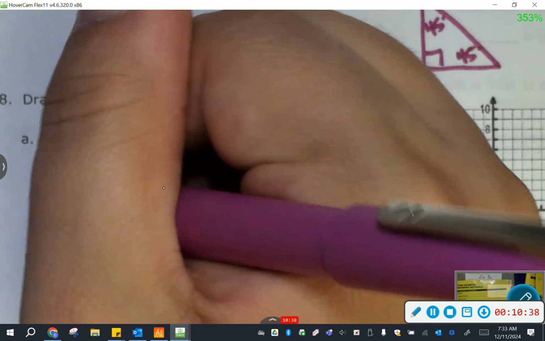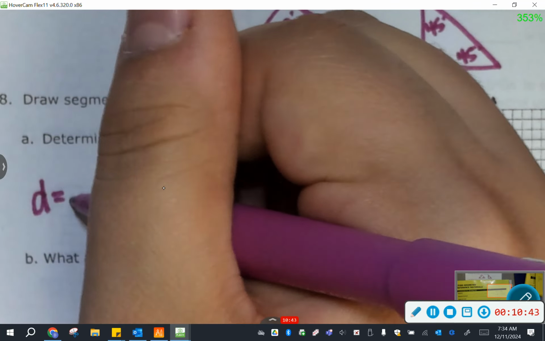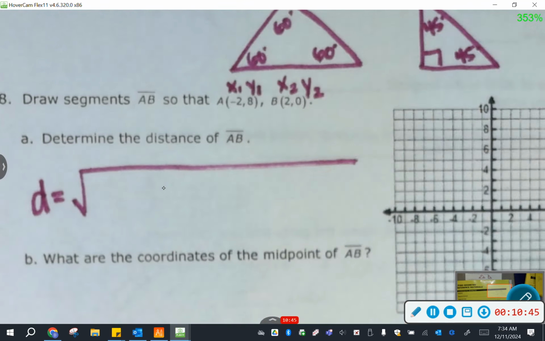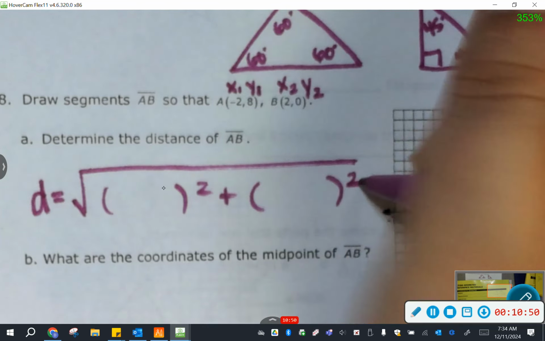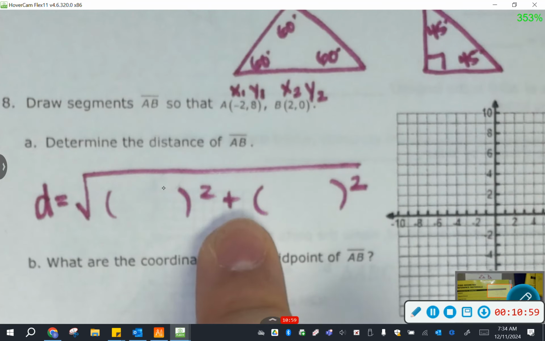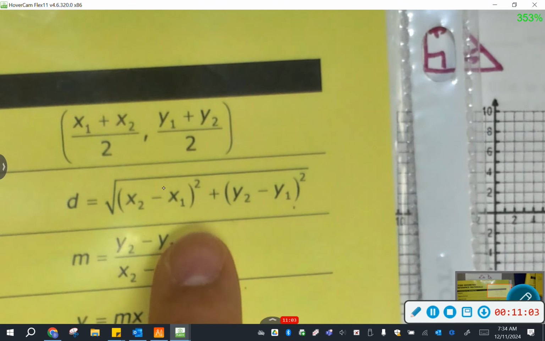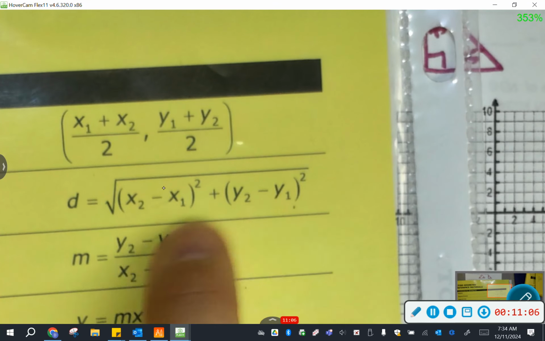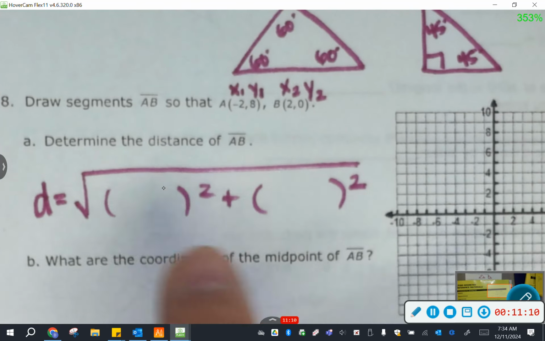But remember when I taught y'all distance? We did root, parentheses plus parentheses. Make sure your answer has squared on the parentheses. What goes in the middle of the parentheses? And again, you don't have to memorize that here. Alright, now we are going to do x2, y2.